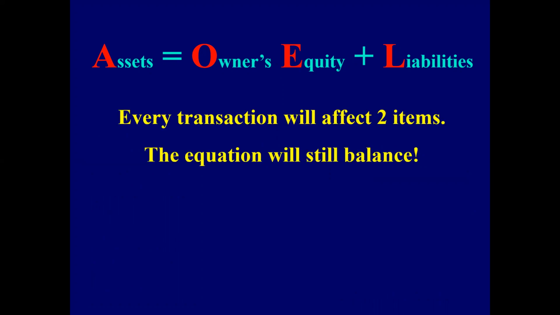So every transaction will affect two items. Just now I told you every transaction affects minimum two items, maximum three items. See, the equation will still balance.